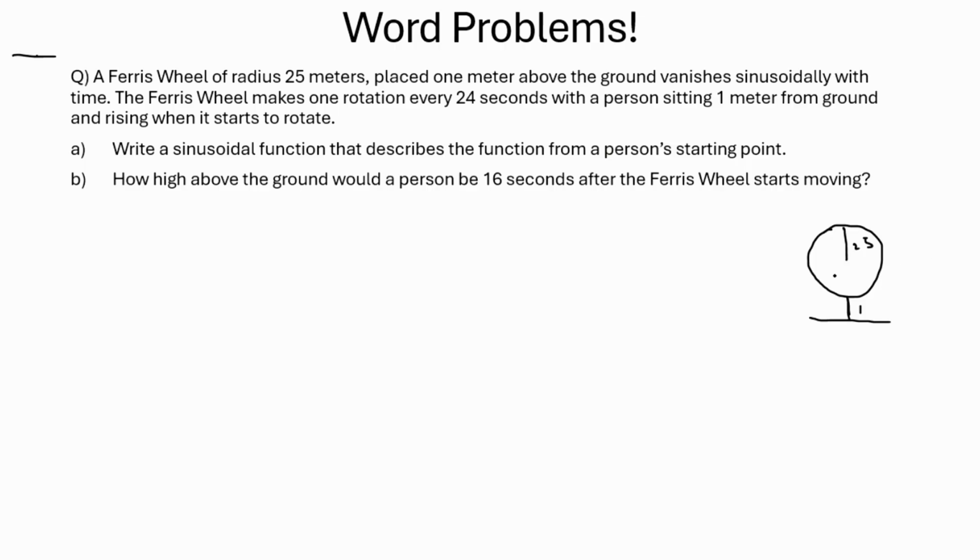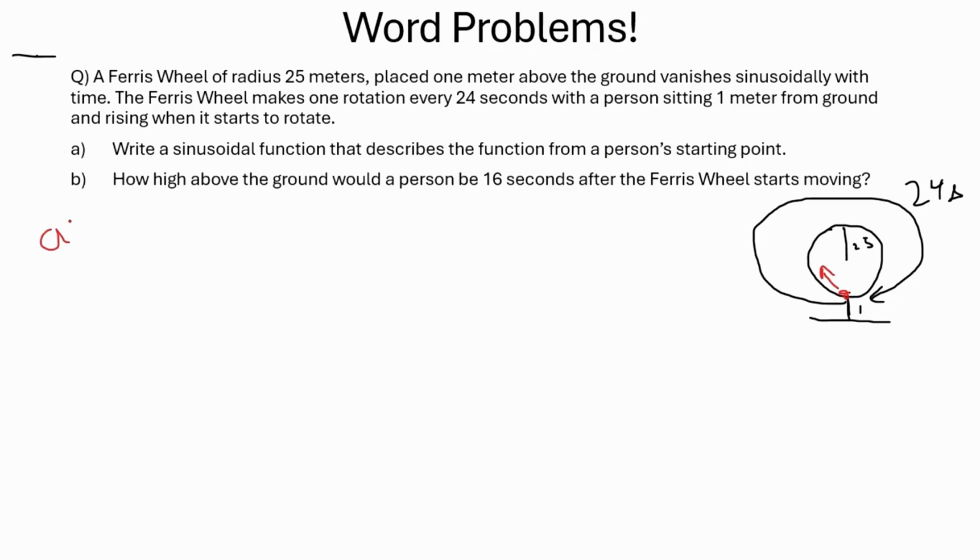Okay, so I guess that means it goes around. The Ferris wheel makes one rotation every 24 seconds, with a person sitting 1 meter from the ground and rising when it starts to rotate. So obviously the person's here, and then they're going this way.